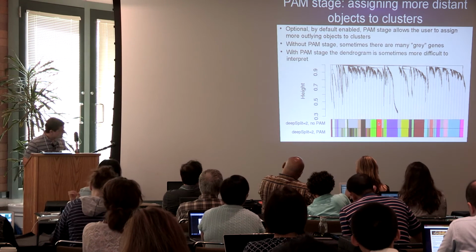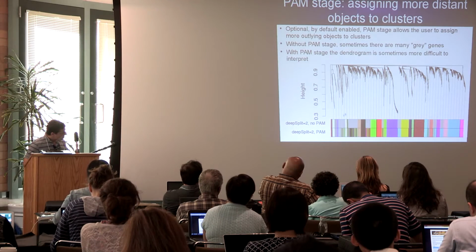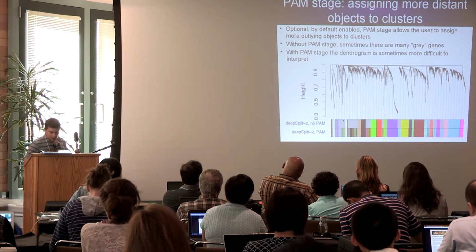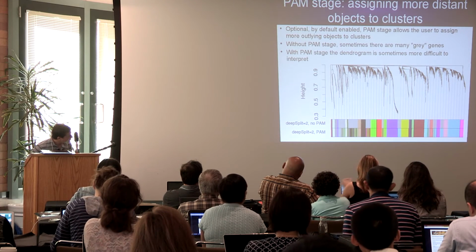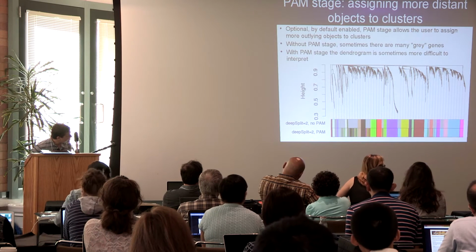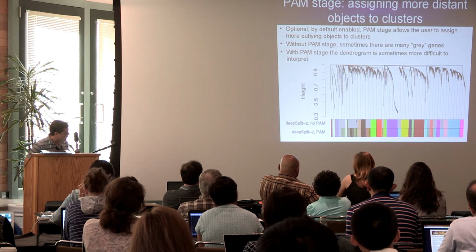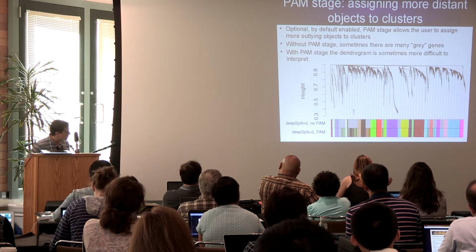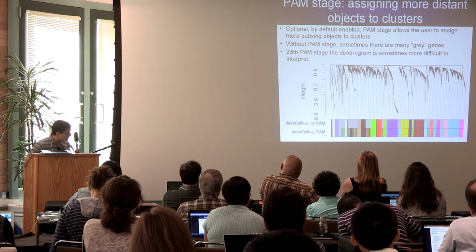Now, what does the PAM stage do again? Remember that without the PAM stage, clusters that merge relatively early on, like for example these two here, merge, and then whatever merges above them cannot be assigned. So you get a big gray blob here of unassigned genes, and sometimes that's okay, but sometimes it's not. You really don't want that.